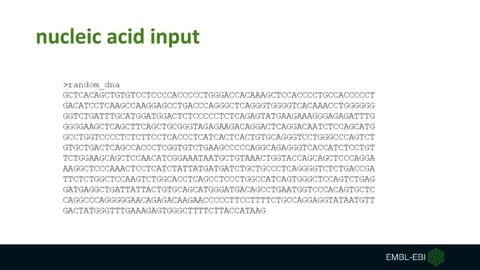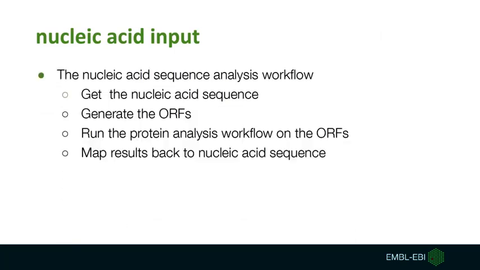The use case that I mentioned was using a nucleotide sequence, and we have a slightly different workflow for this. Because InterProScan is primarily a protein sequence analysis tool, we have to do translation. So if you have a nucleotide sequence, we have to generate the open reading frames for that particular sequence, and then we use the analysis workflow that we have for the protein sequences.